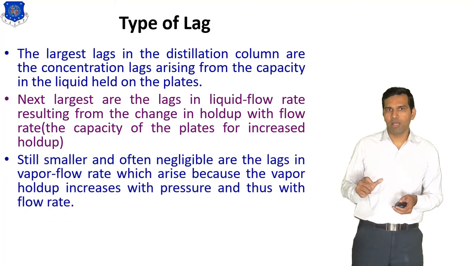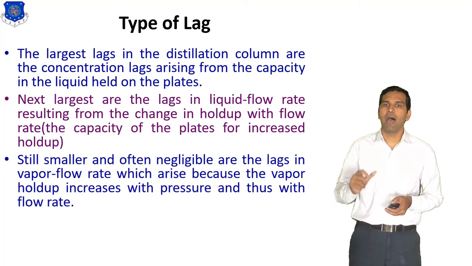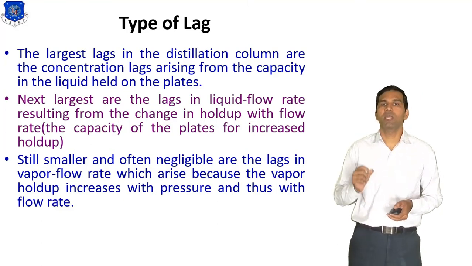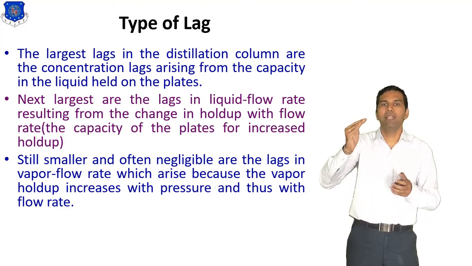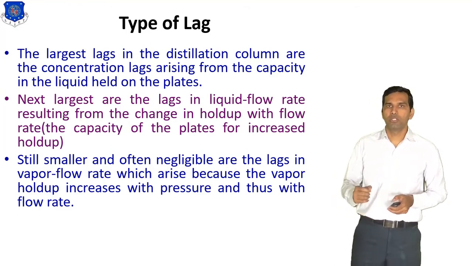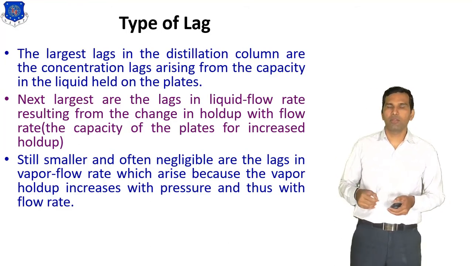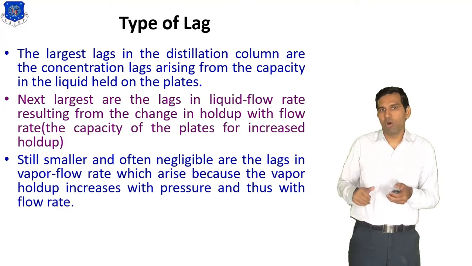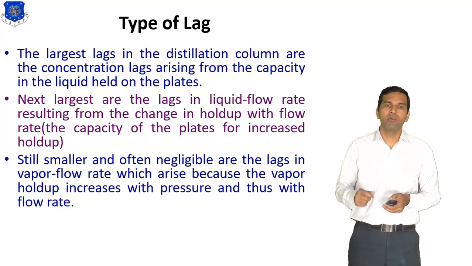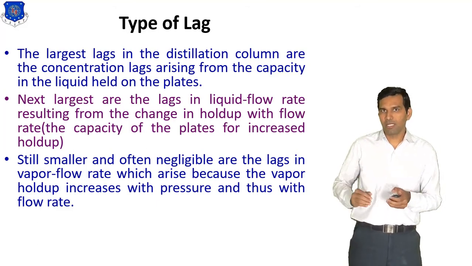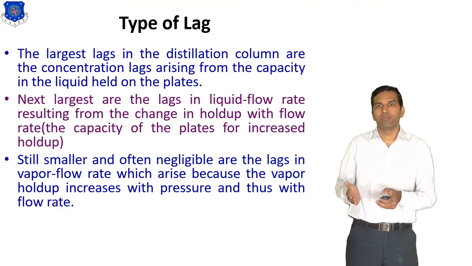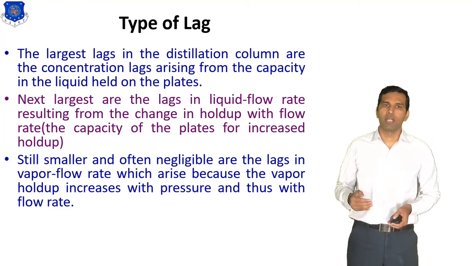Still smaller and often negligible is the lag in the vapor flow rate, which arises because the vapor holdup increases with the pressure and thus with the flow rate. So here we can neglect the effect of this lag because it is small. It is known as the vapor flow rate lag.